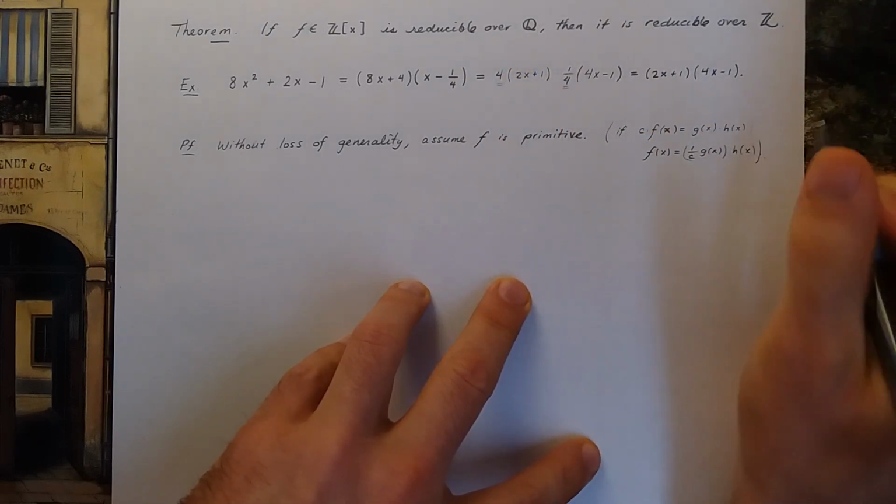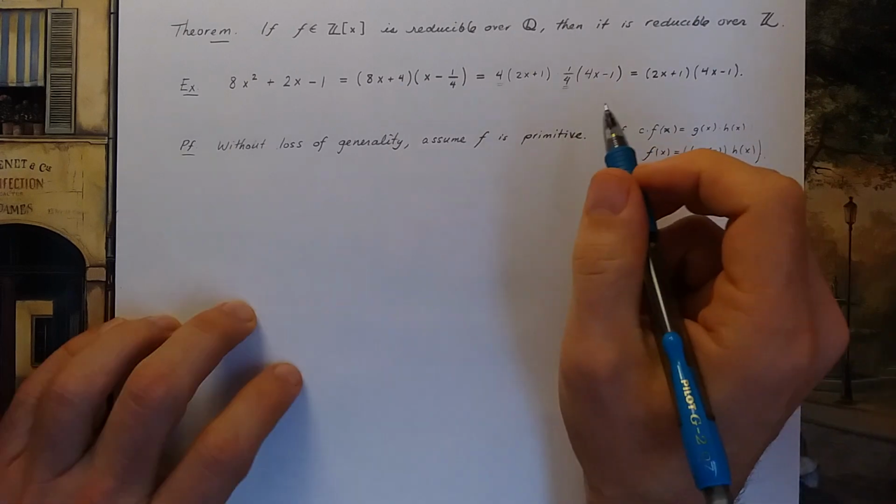So I might as well assume that f is primitive to begin with.